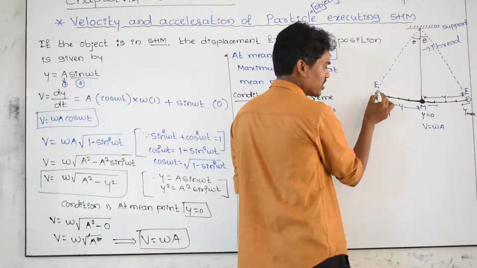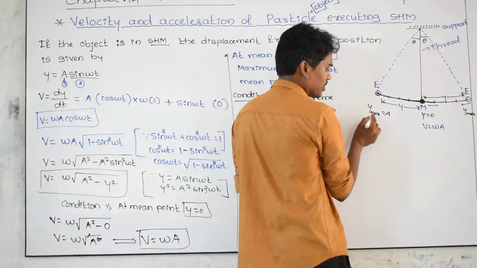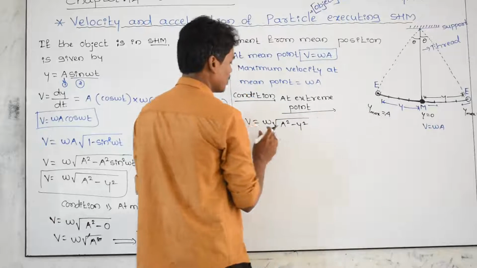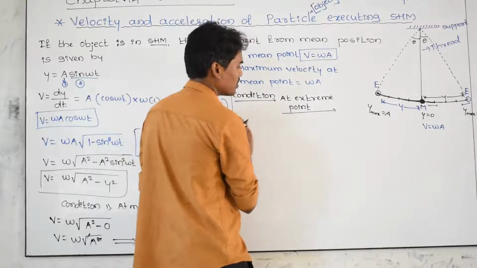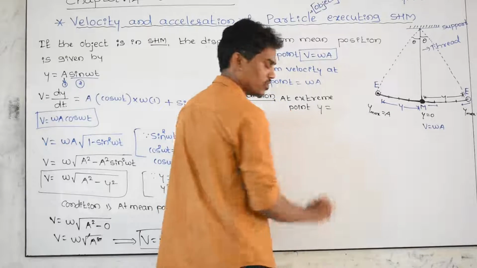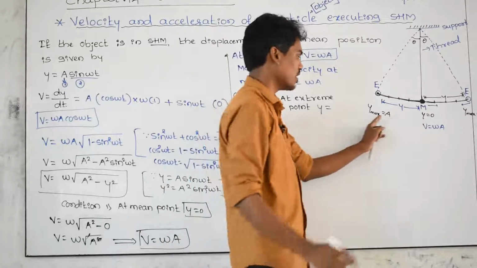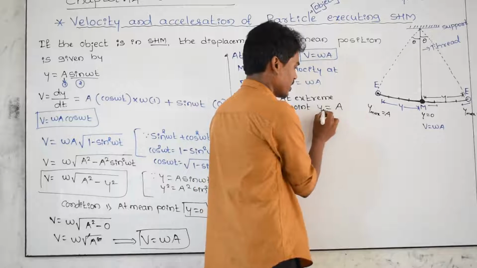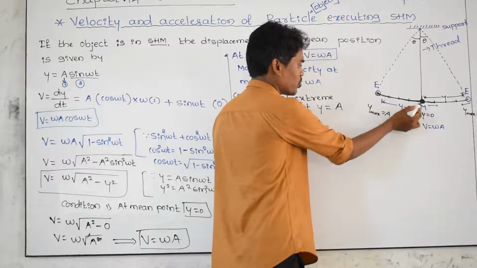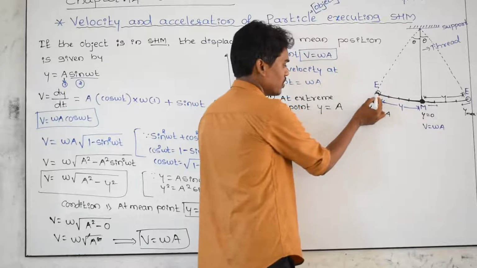When the object is at the extreme point, that displacement is called amplitude. Therefore, whenever the object is at the extreme point, y is not 0. Y is A, the maximum displacement, called amplitude.